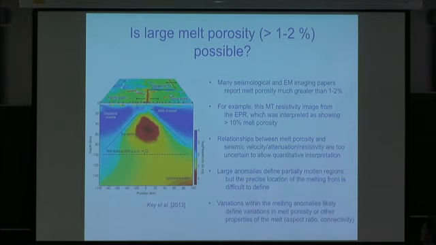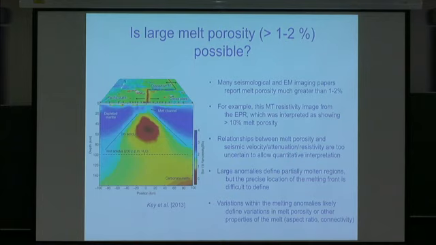So this was a really nice MT image, or resistivity image, from an MT experiment along the East Pacific Rise. But one of the interesting things about it is that the very low resistivity that they found beneath the ridge, they said corresponded to greater than 10% melt porosity.